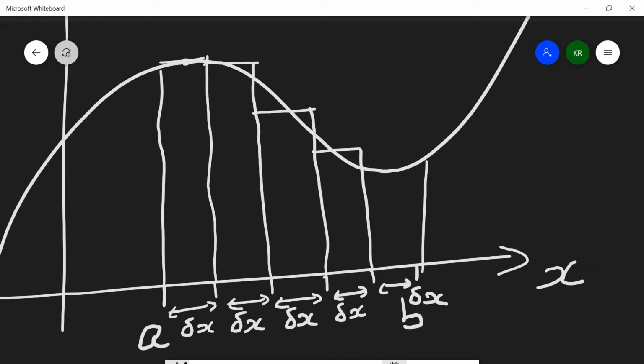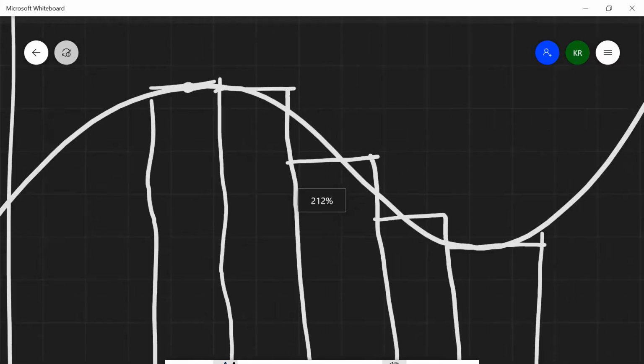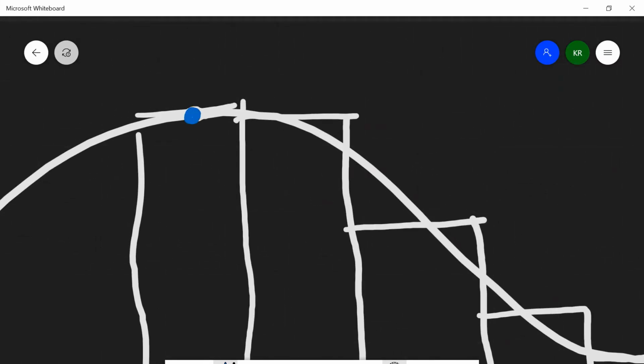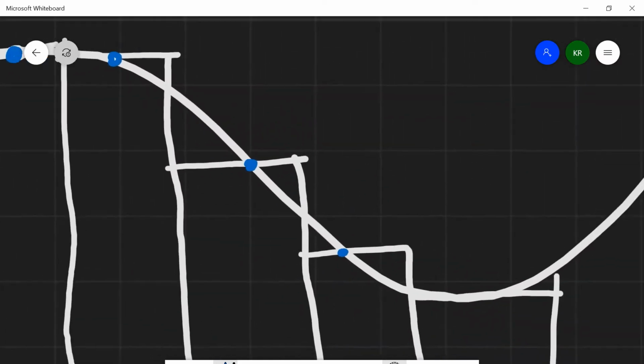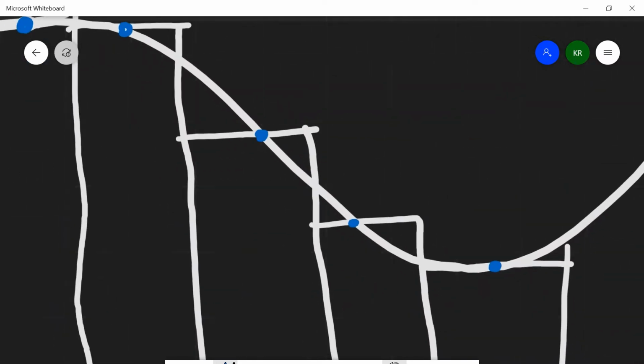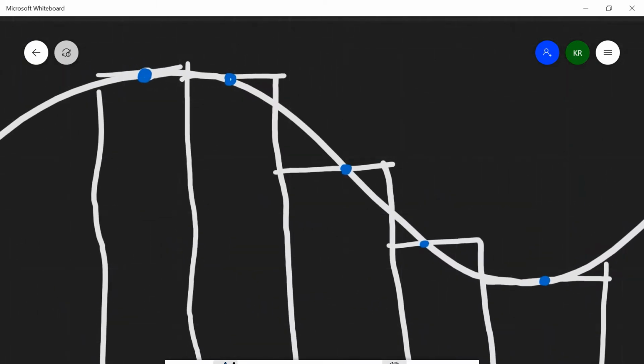Now, what I am doing here is dividing into rectangles where the midpoint of the width of the rectangle intersects with the function of f of x. So this point here, and this point here, and this point here, and this point here, and this point here. They're the midpoints of these rectangles.